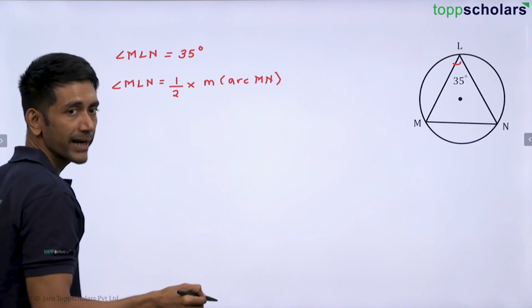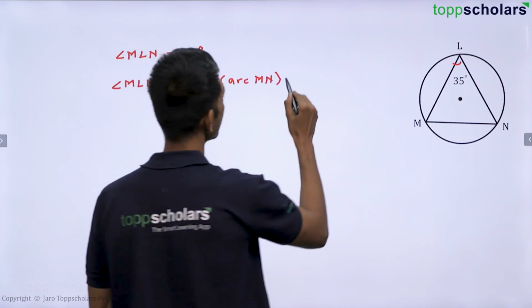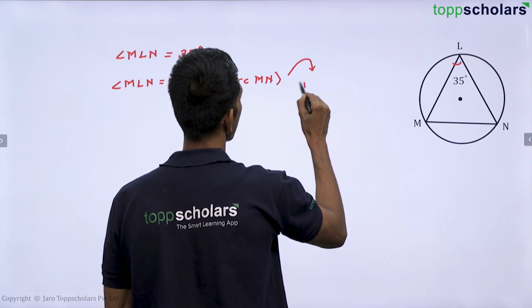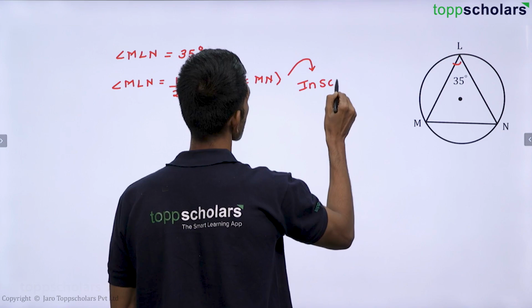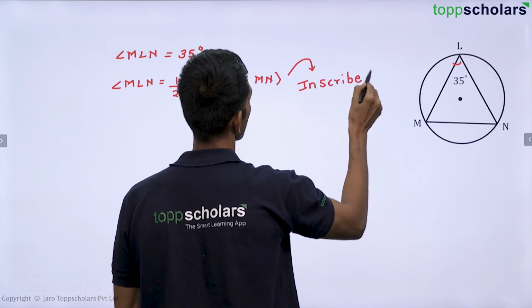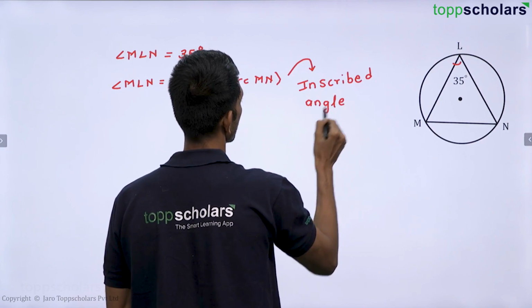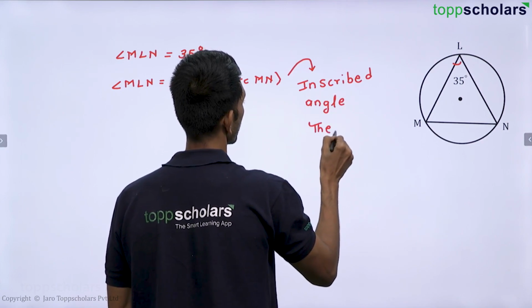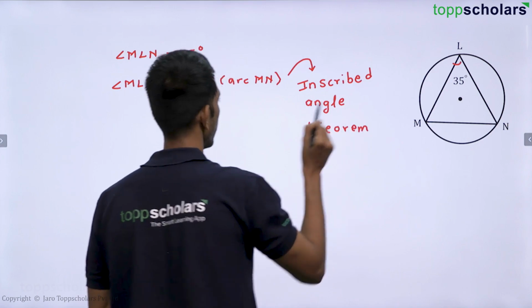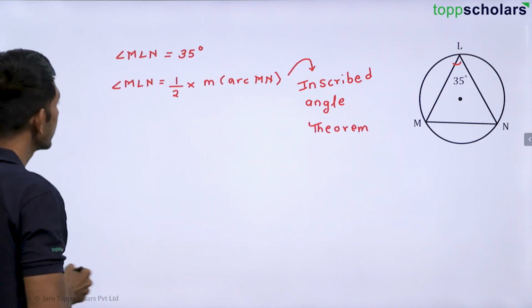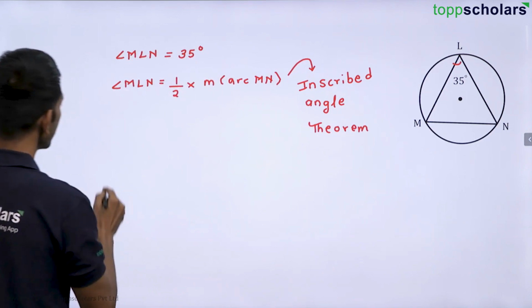And what is the reason behind this? The reason behind this is the inscribed angle theorem. Correct? So as per the inscribed angle theorem, MLN, which is 35.